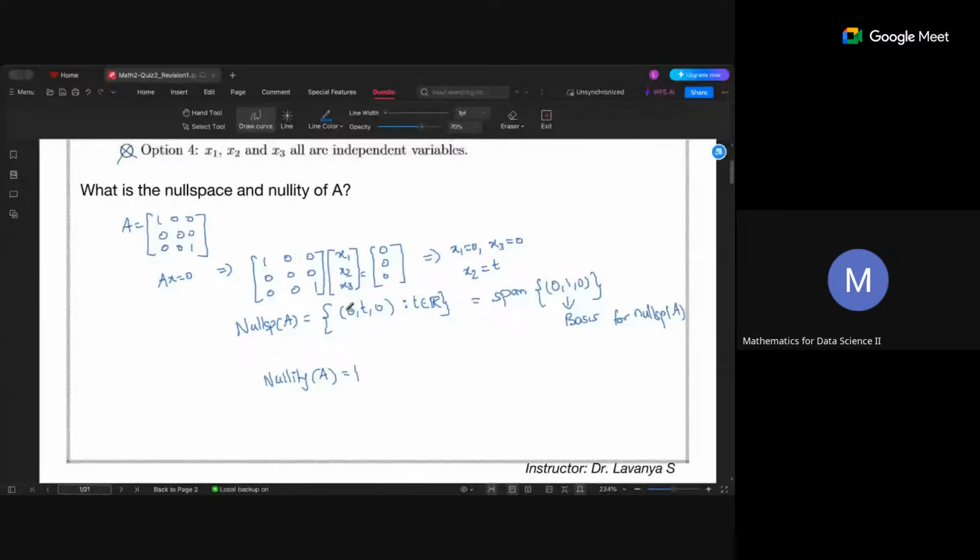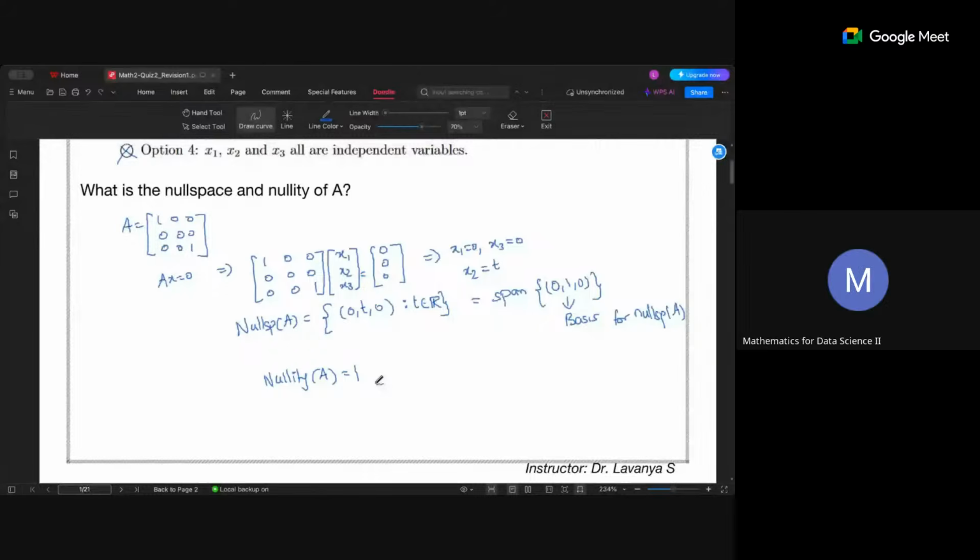So now this is nothing but span of (0, 1, 0), and (0, 1, 0) is a basis for this null space. Hence nullity is the number of elements in the basis. The number of elements in the basis is exactly 1, so nullity is 1. Clear? Yes, ma'am.